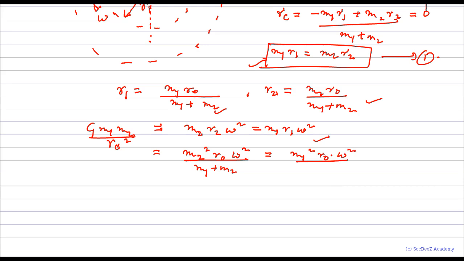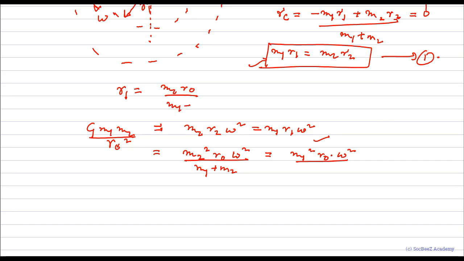Sorry, I made a mistake. If I use these two expressions, I'll get r1 as m2 into r0 upon m1 plus m2 and r2 as m1 r0 upon m1 plus m2.